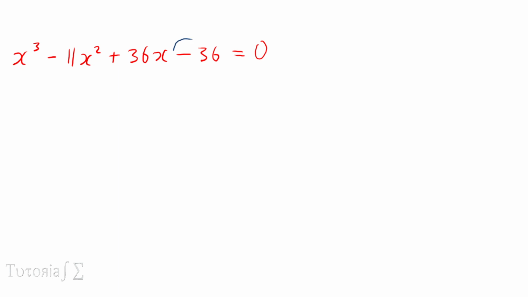So in simple terms, the number will come from the factors of the constant. This is the simplest method. You look for factors of the constant, starting with the lowest factor, positive or negative 1. What other number can go into negative 36?